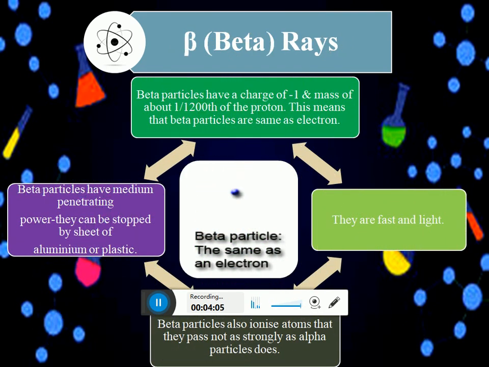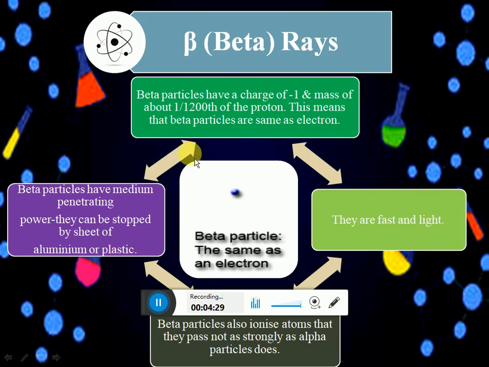Next comes beta radiation. Beta radiation is a bit heavier than alpha radiation, but a bit weaker as compared to gamma radiation, so it is in between alpha and gamma. Here I have written that beta particles have medium penetrating power, as they can be stopped by a sheet of plastic or aluminum.